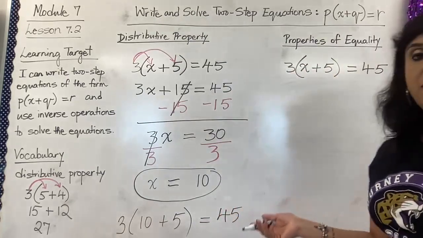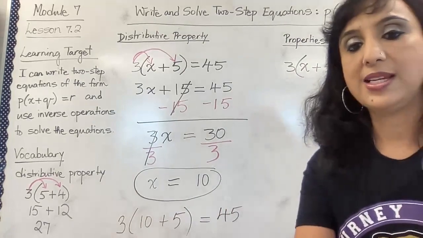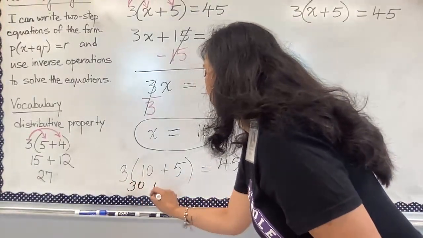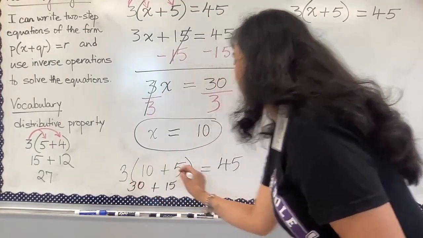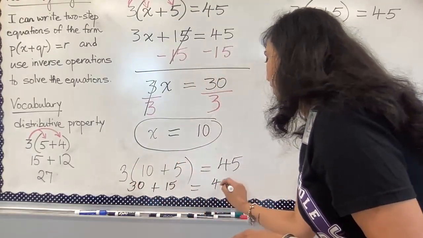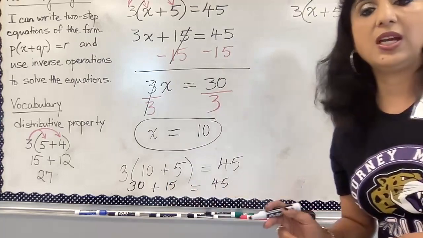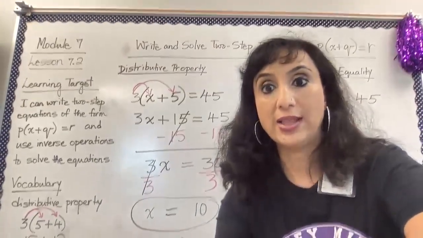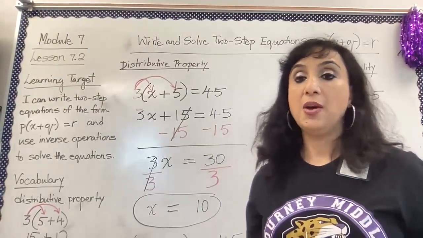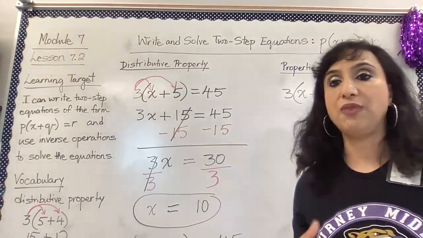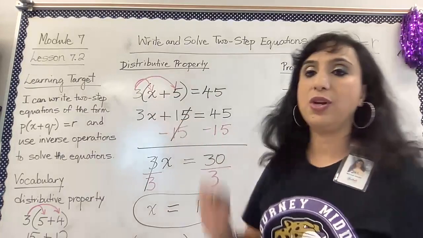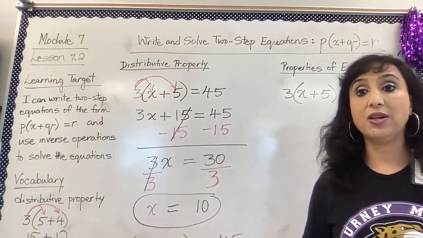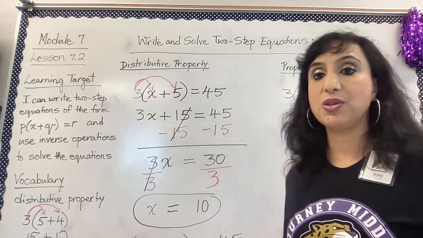Okay, and then if you're checking the solution, you can easily see that 3 times 10 is 30, plus 15, because 3 times 5 is 15, should equal 45. And what is 30 plus 15? It is 45, right? So therefore that is correct, and that's how you check your solution, by putting the value that you find for the variable back into the original equation, and then check whether it is going to give you the correct balanced equation on both sides or not.